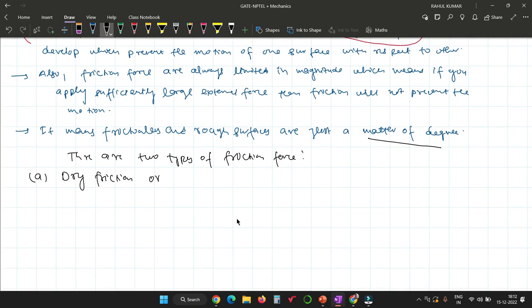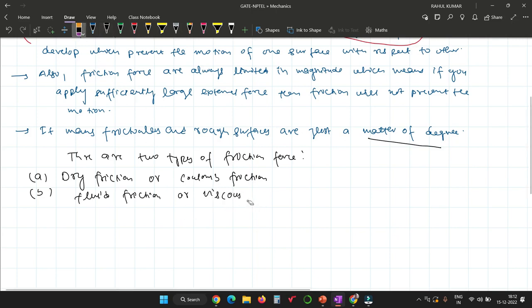So there are two types of friction force. The first is dry friction, or you can also say Coulomb friction. And the second is called fluid friction, or viscosity.